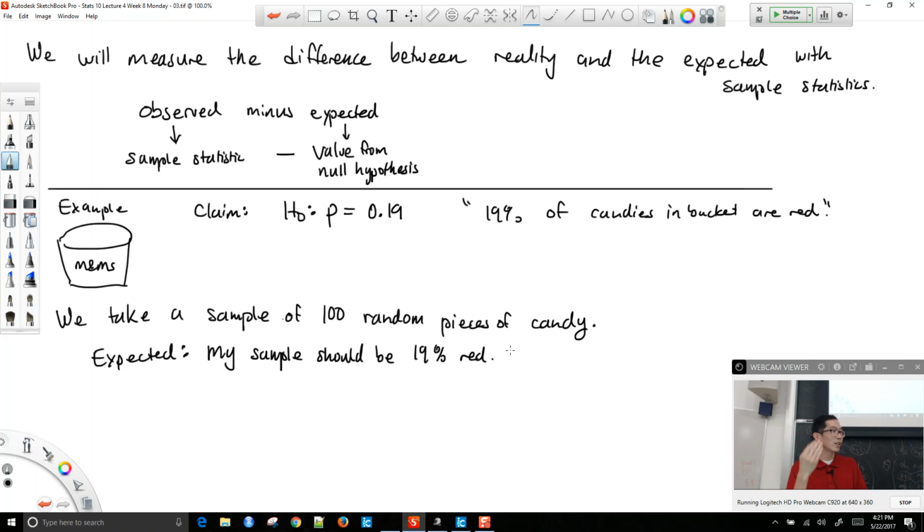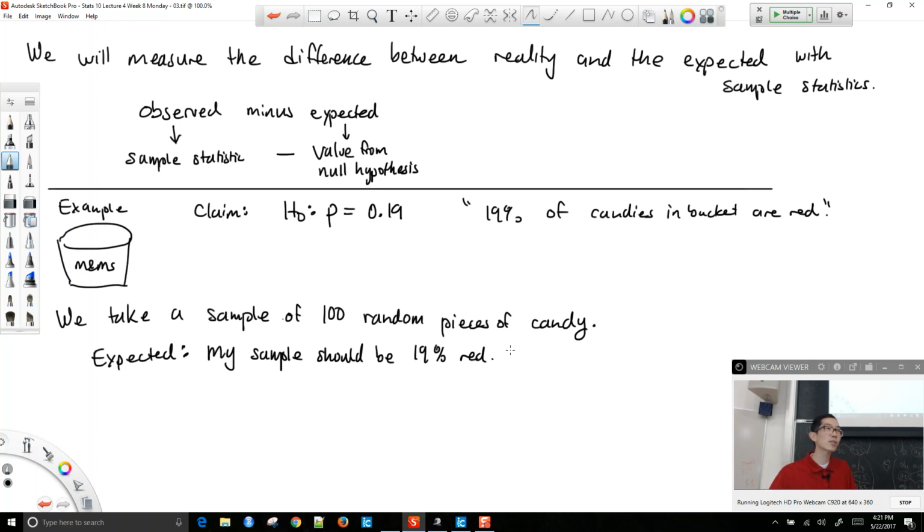Would you say what we observed and what we expected is different? What about 31% red? Okay, at what point do we say this is very different, right? If I took a scoop and I got 31% red, and someone says the bucket should be 19% red, do you feel like 31% red is pretty different from what we expected to see?